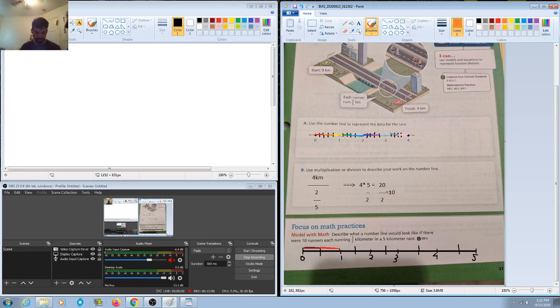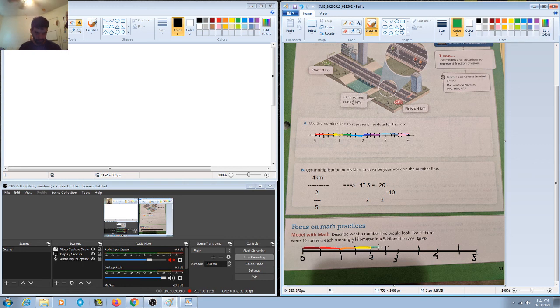Okay, let's keep going. It took 4 people to run 2 kilometers. And the way that we can think about that is, if we multiply 4 runners times 1/2, we get 2 kilometers. So far so good.